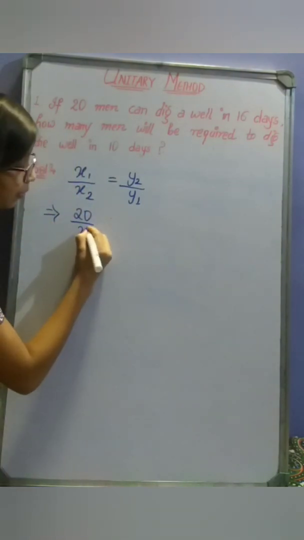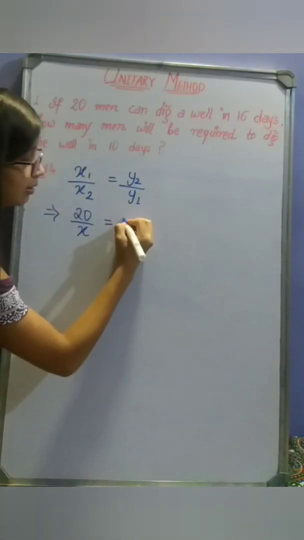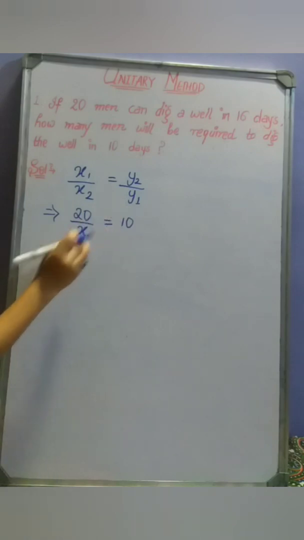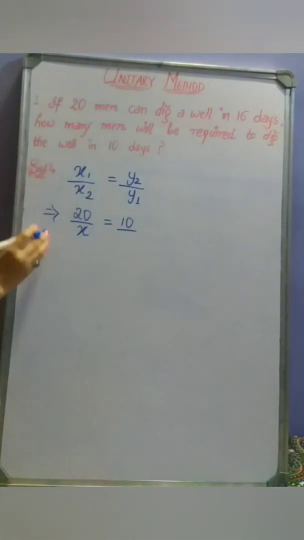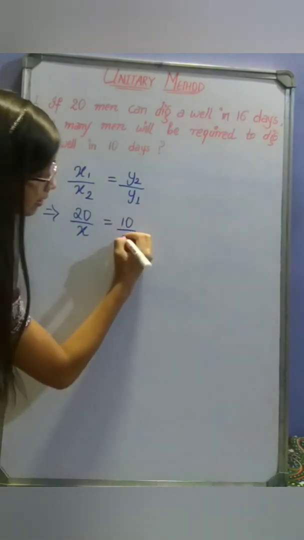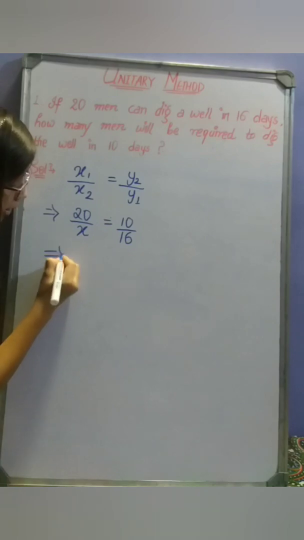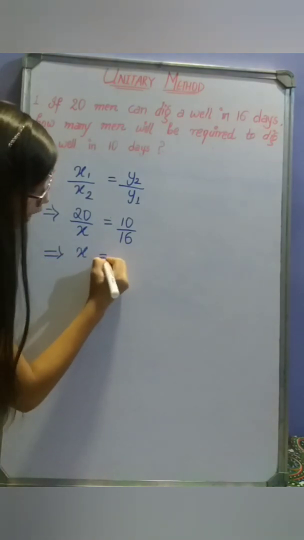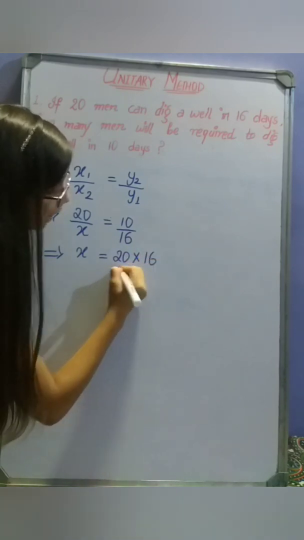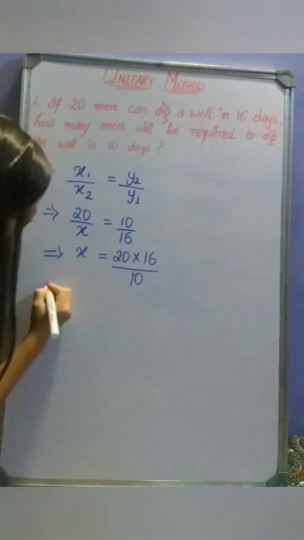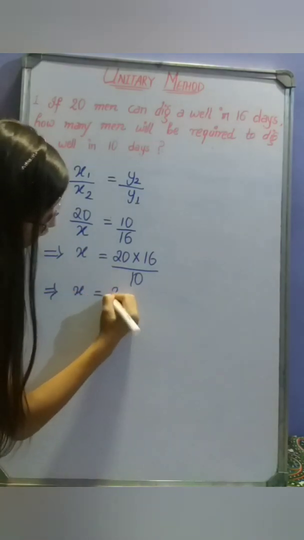So we are going to assume it as x, and y2 is 10 days, because x men will dig the well in 10 days and 20 men will dig the well in 16 days. So solving this, we'll get the equation x is equal to 20 into 16 by 10. So here we'll get x is equal to 32.